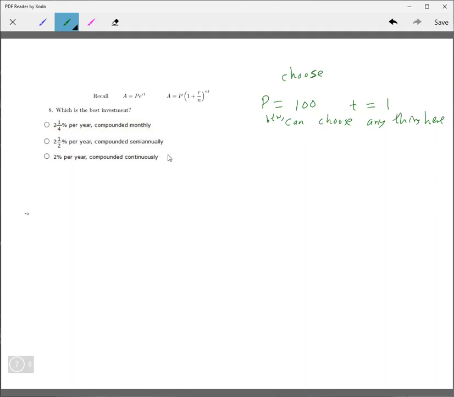And so when I make those choices, if I compound monthly, that means that n will be 12. And the formula will be this one. So 100 times 1 plus, and then the rate is 2.25.